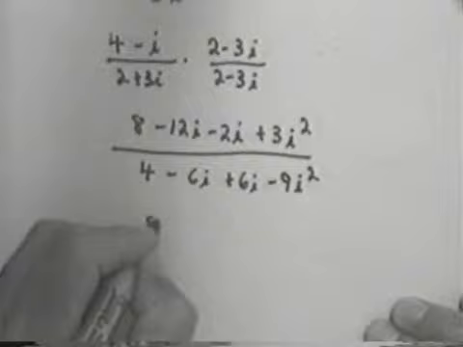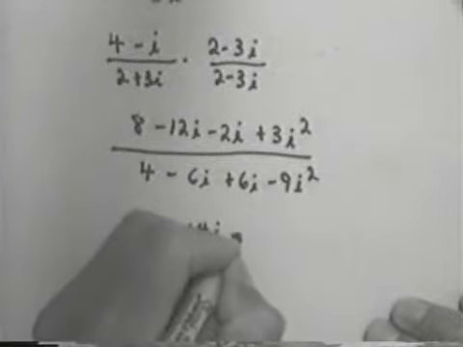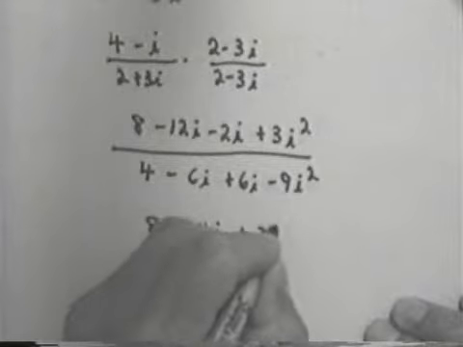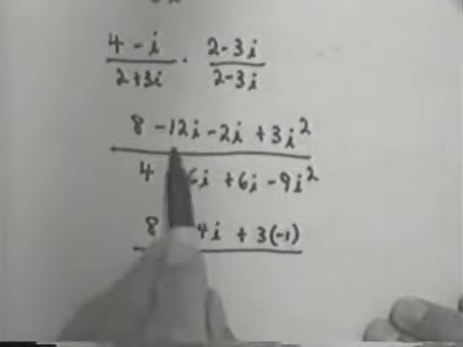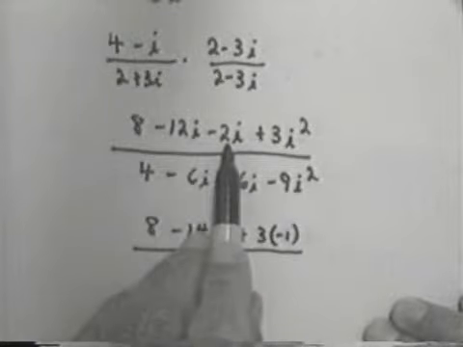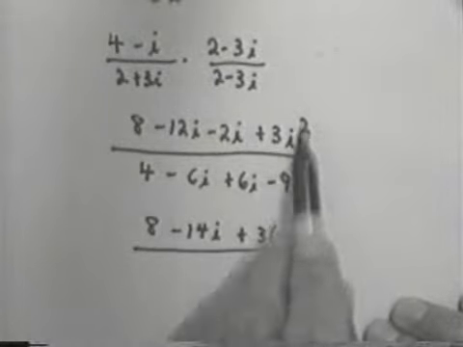So that would be 8 minus 14i plus 3 times a negative 1. I combine the like terms, negative 12i plus the negative 2i is negative 14i, and I replace i squared by negative 1.